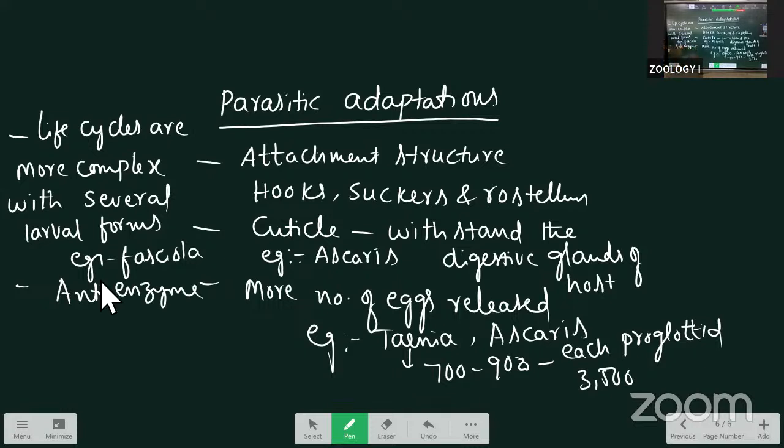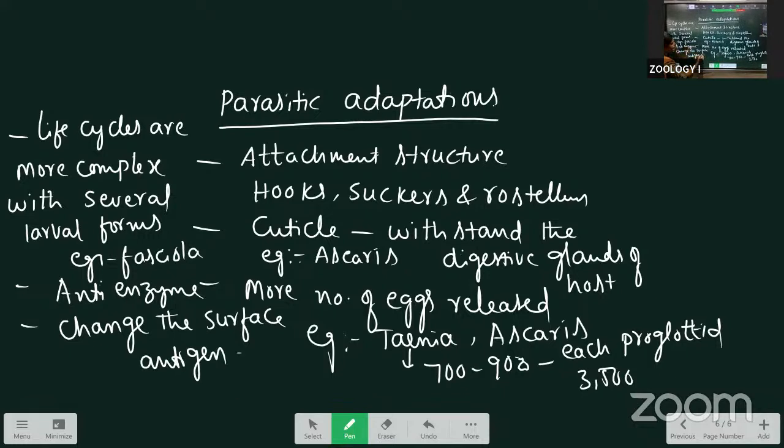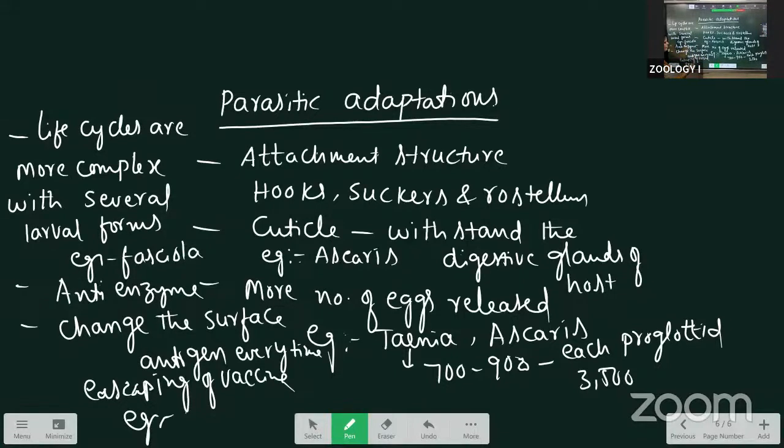Next, they change the surface antigen every time, for escaping the vaccines. Examples are HIV and Plasmodium.